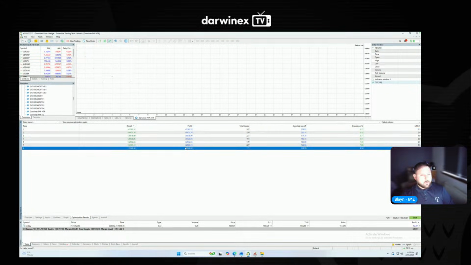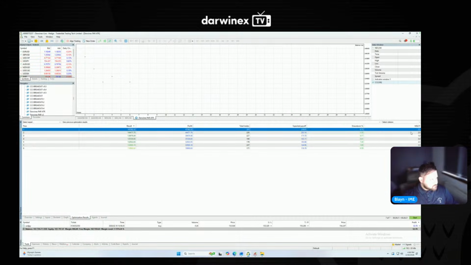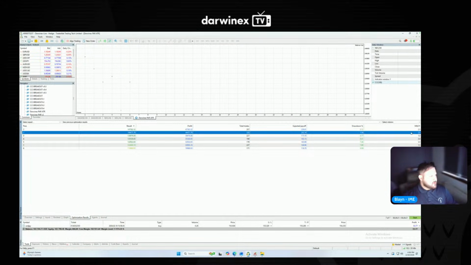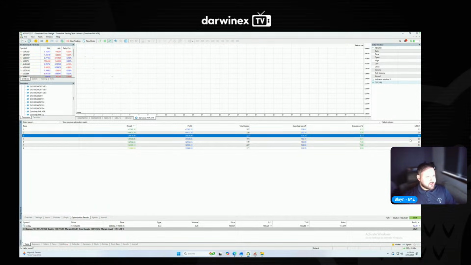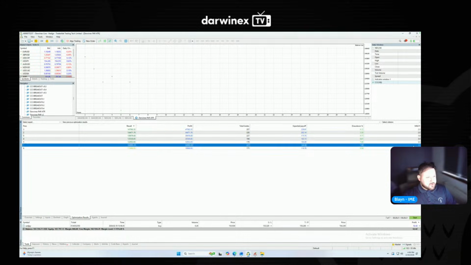What I wanted to see was that it worked across a wide range of multipliers. So 2.5 is the best, 2 the second best, 1 the third best. But what's quite good to see is, between 1.5 and 3.5, there's not a massive difference in results.